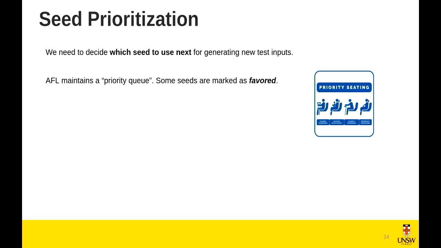For priority queues, maybe this is the first time you encounter this term, but in real life you have always seen this on public transportation: priority seats. Some people get the priority for taking that seat. For AFL, it's like some seeds have the priority to be used to generate new test cases.